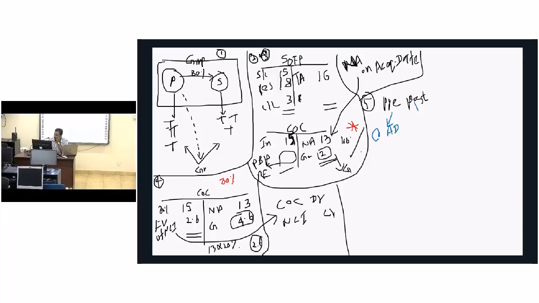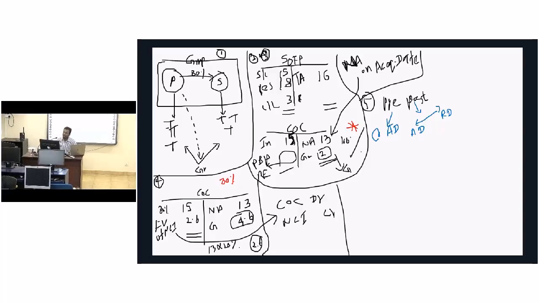Post means profit from the acquisition date to what date? RD, the reporting date. Actually, I should not say pre-acquisition and post-acquisition profits. I should say pre-acquisition and post-acquisition reserves, because everything is accumulated in the general reserve, revaluation reserve, all types of reserves, retained earnings, everything coming under reserves.